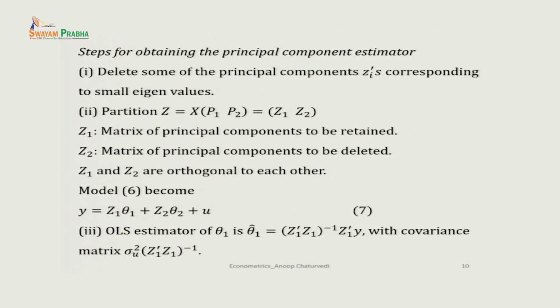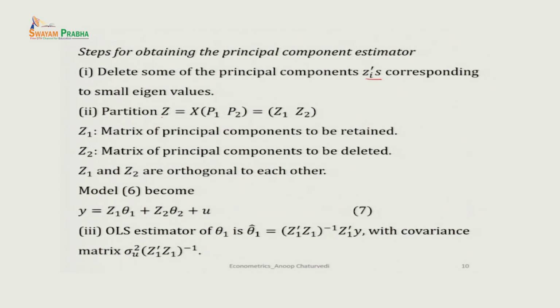Now, these are the steps for obtaining the principal component estimator. We first delete some of the principal components Zi's corresponding to small eigenvalues. So, we select a few smallest eigenvalues and then we delete the corresponding principal components Zi's.